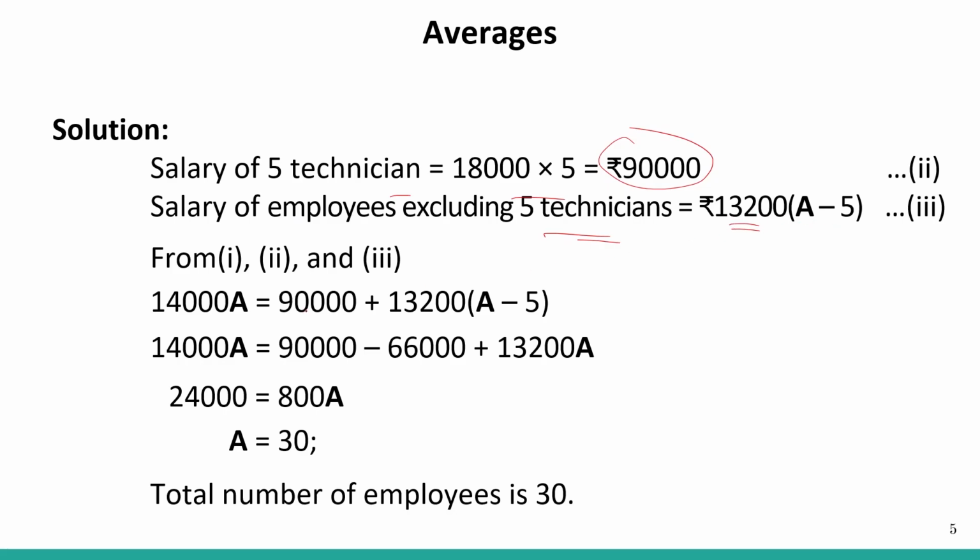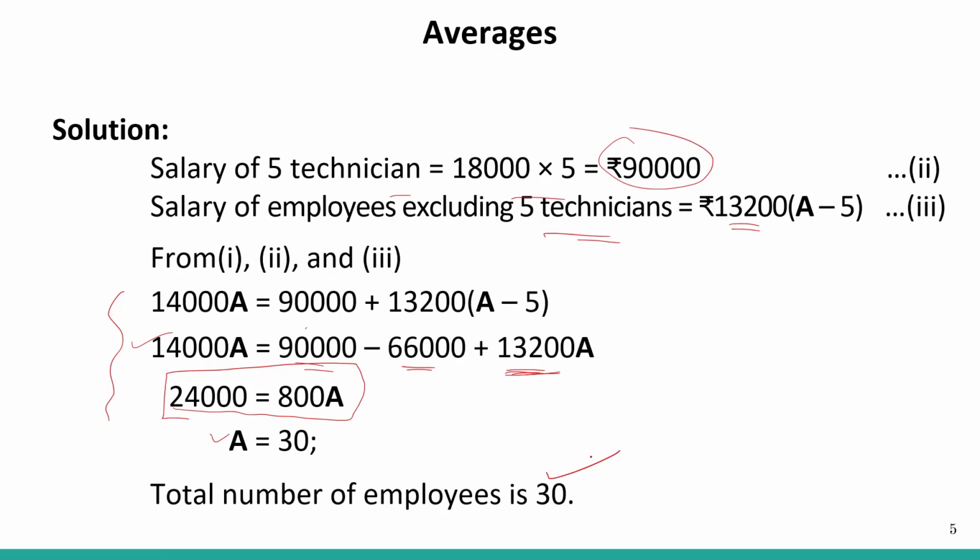Solving these 3 simultaneous equations, we get 24,000 equals 800 n, so n is 30. Here 90,000 and 66,000 come from 13,200 into 5.